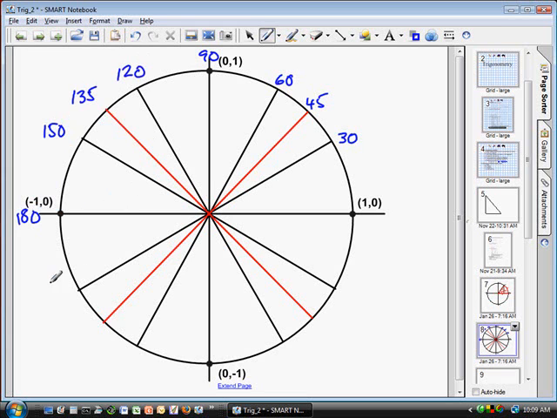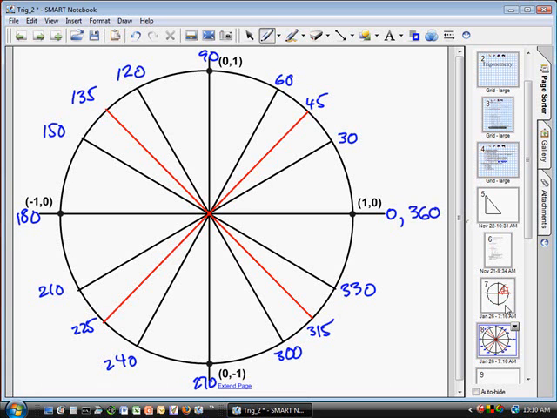Down here, 180 plus 30, 180 plus 45, 180 plus 60. Down here we're at 270, here we're at 300, 315, 330, and you could call this both 0, and you could call it 360.